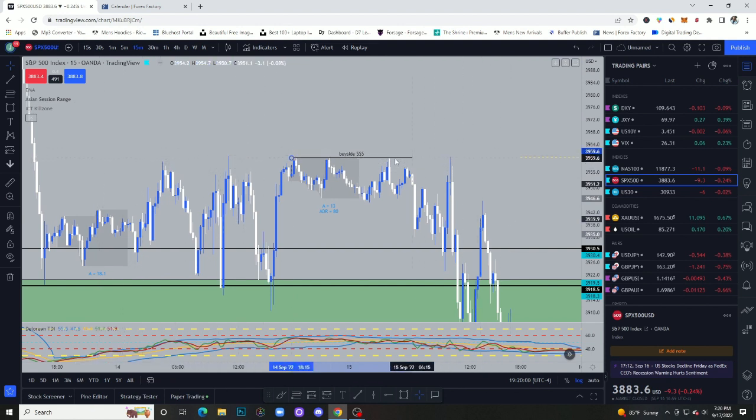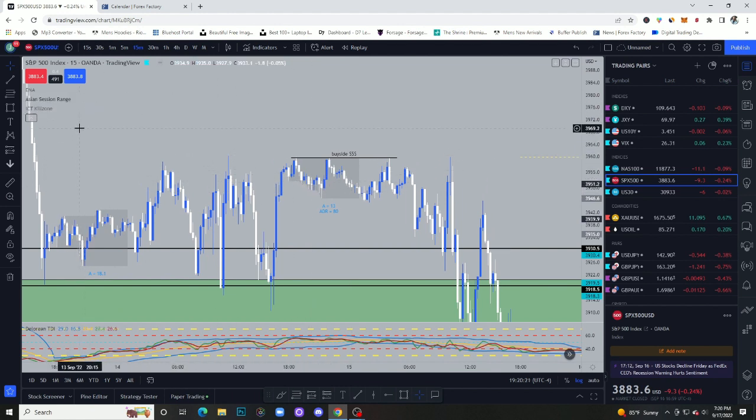All right, so this is what I want y'all to pay attention to right here. You see this little gray highlighted area right here? From about, it says 6 o'clock, but it's supposed to be 5 o'clock, from 5 o'clock all the way to 1 a.m., this is the Asian session range.